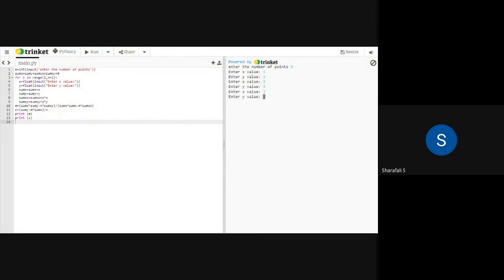This data I have used for that example. So 3 and 7 for y, and next is 4, for 4 we have 9, then 5, for 5 we have 12, then 6, for 6 we have 14. So after this it has to give me what is m and c.